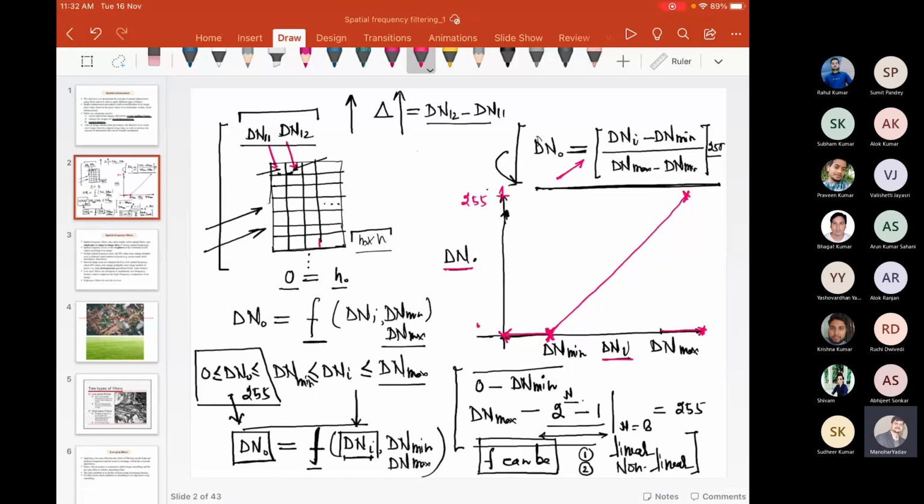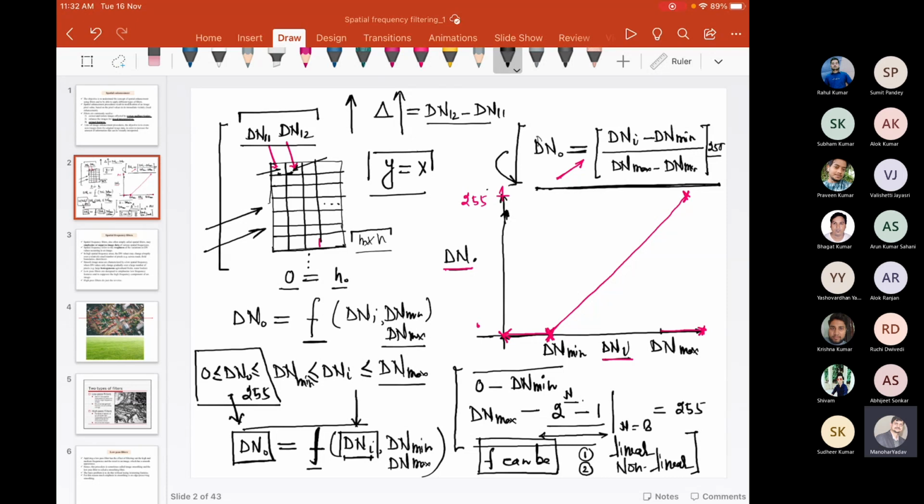What is the slope? You see that the slope of this line is more than 45 degrees. Why is it so? If there is no intercept, y is equal to x, but this is not like that. So the slope is more than 45 degrees.